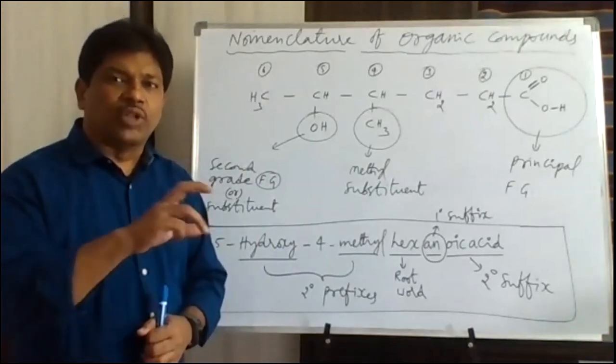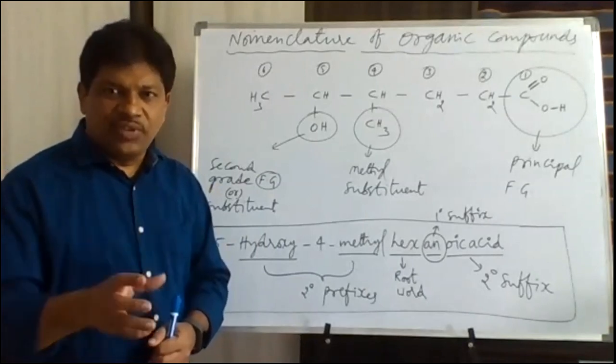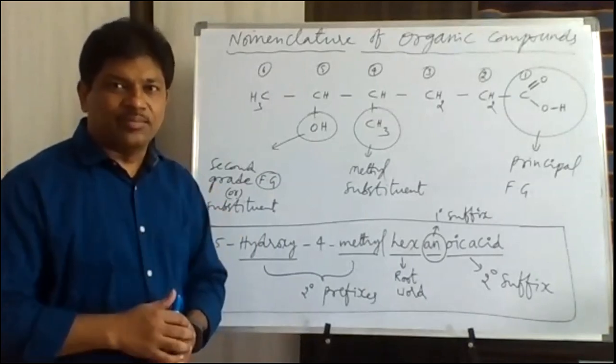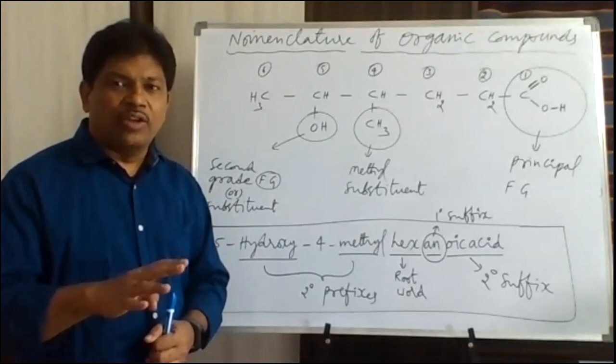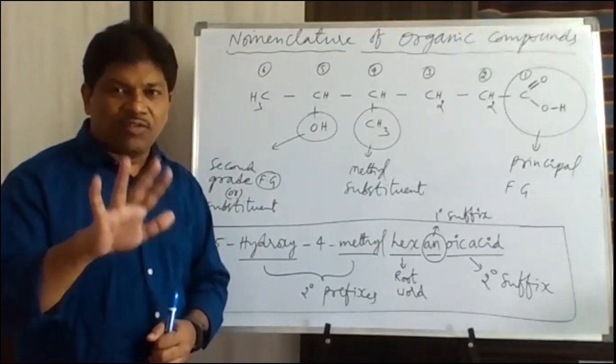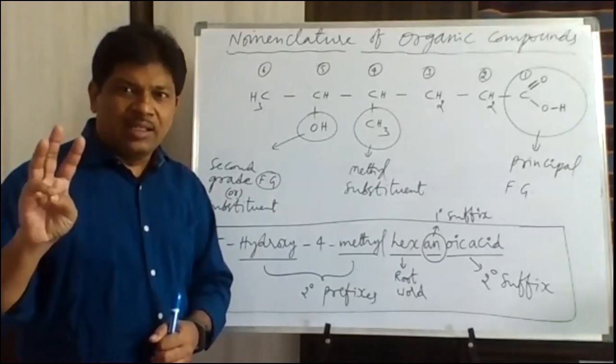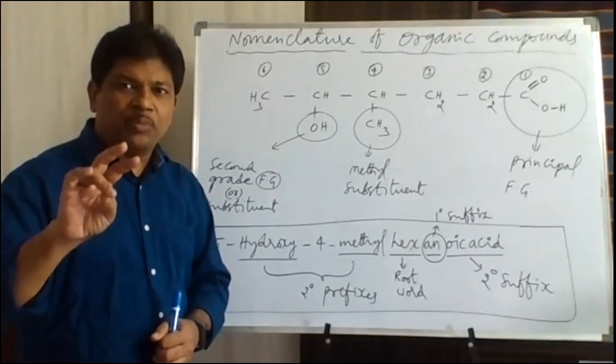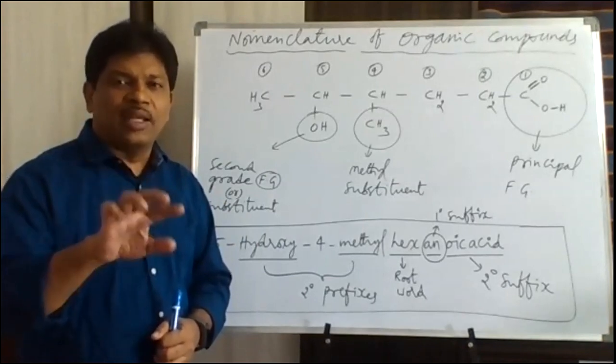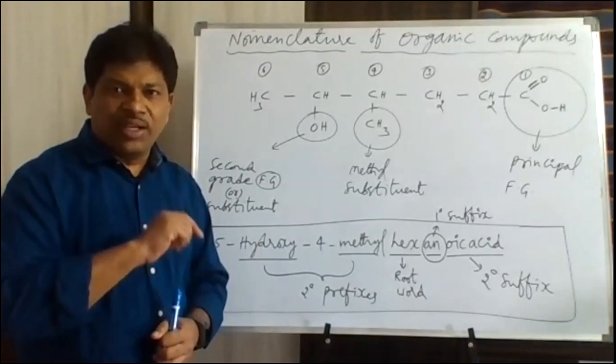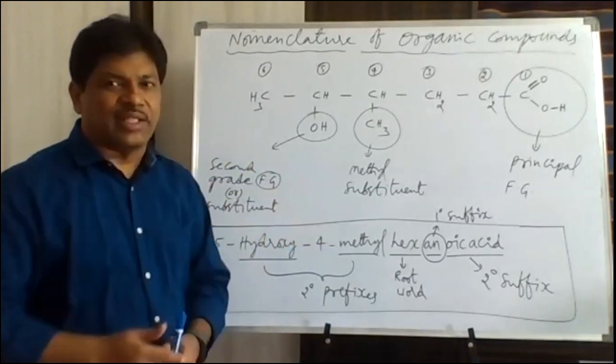Suffix is also of two types: primary suffix and secondary suffix. Now we have five parts of the IUPAC name. What are the five parts? Secondary prefix, primary prefix, root word, then primary suffix, lastly secondary suffix.